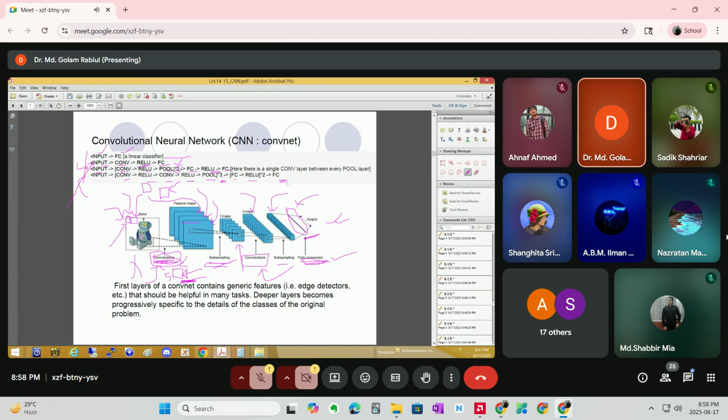So the network you need to design for solving your problem will totally depend upon the users, based on the given problem. That is the user-defined neural network. That's why you will find that many networks are already proposed by different researchers.